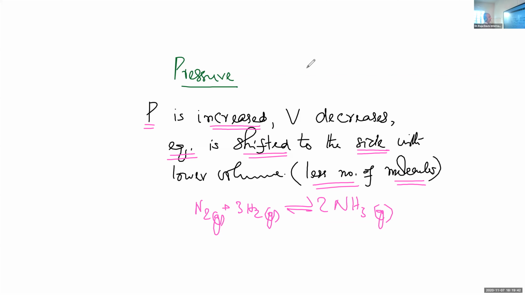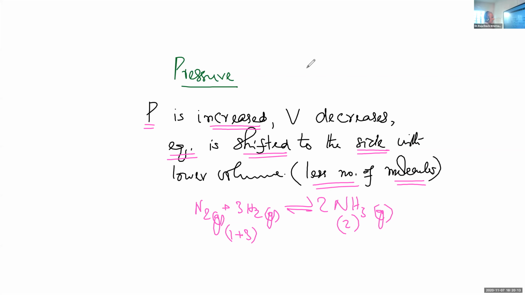You calculate the number of moles on the left-hand side, on the side of the reactants, the total number of moles. N2 means 1 N2. So 1 plus 3, that is the total number of molecules on the left-hand side. On the right-hand side, 2 NH3, 2 ammonia molecules. So the total number of molecules on the right-hand side is equal to 2.